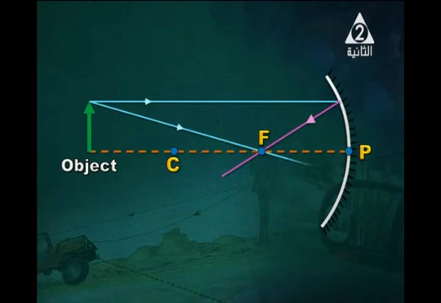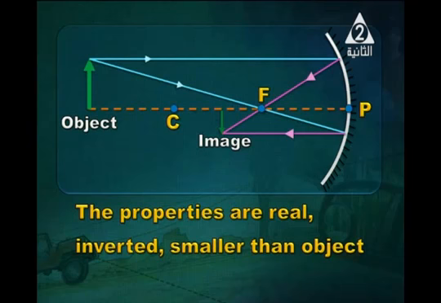The second ray passes through the focus, which will reflect parallel to the principal axis, and the image is formed at the point of intersection of the two reflected rays, between the focus and the center of curvature of the mirror. The properties of this image are real because it is formed due to the intersection of the reflected rays, and inverted and smaller in size than the object.